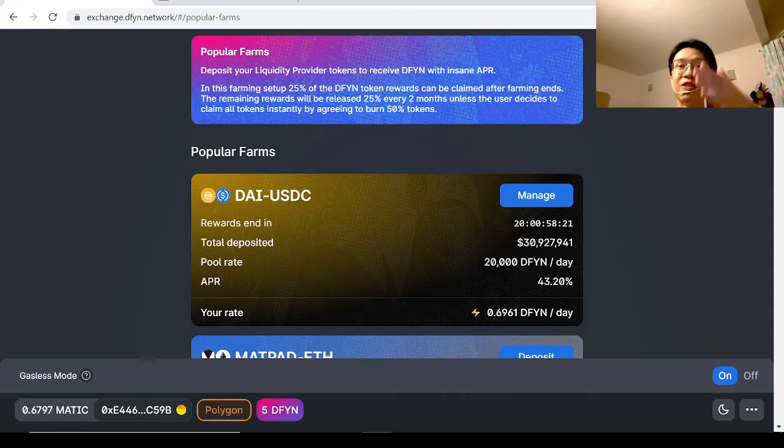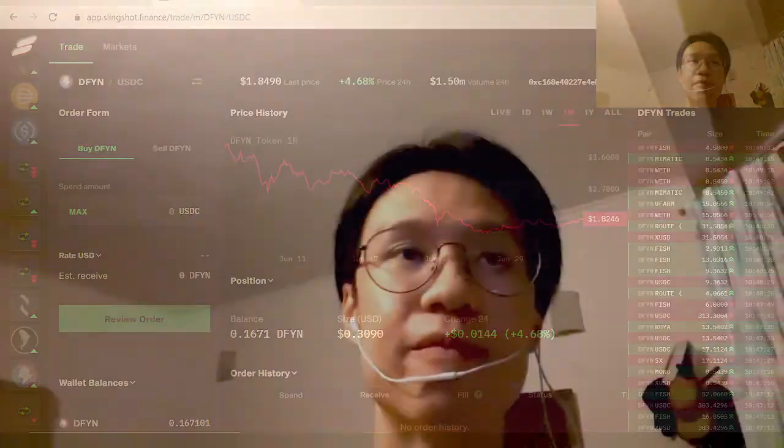But that being said, your capital that you invested, meaning the initial deposit you put in terms of DAI and USDC, that's not affected at all. That will always remain the same. Even if Bitcoin goes up or down, DAI and USDC are going to stay.